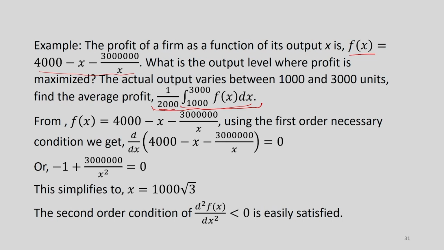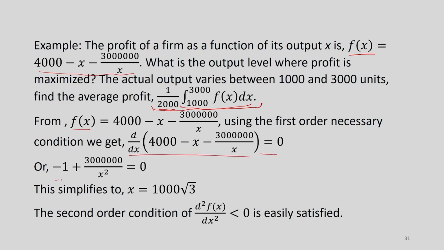Now first things first, we take this function and try to see where it is getting maximized. So I use the first order necessary condition. I take the derivative and set that equal to 0.